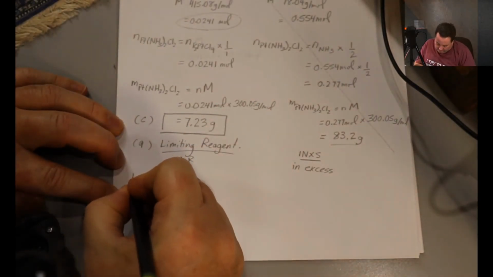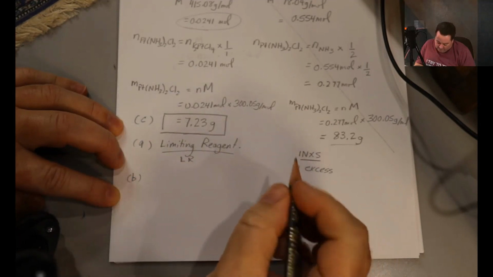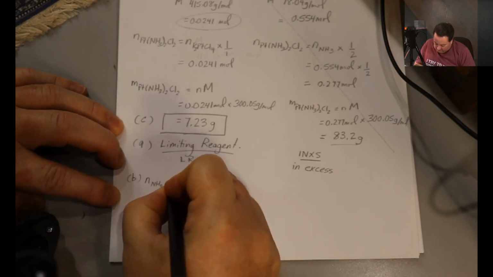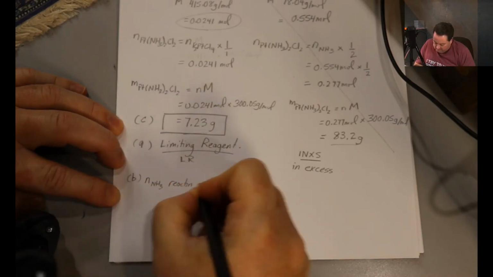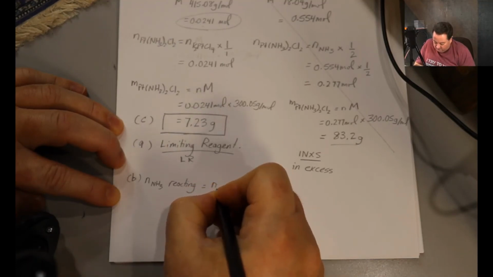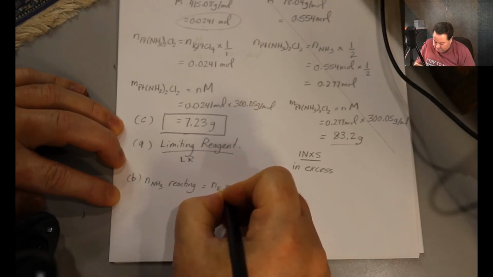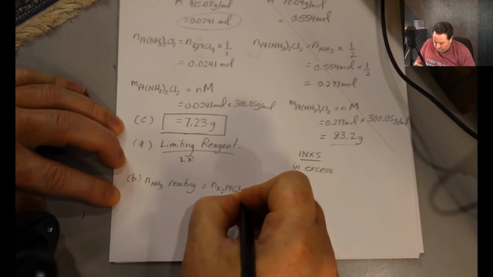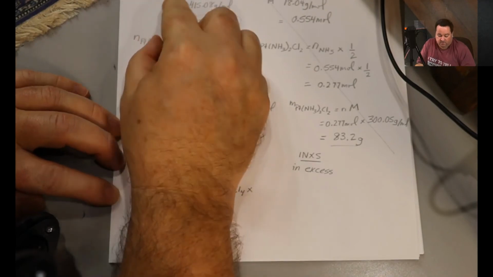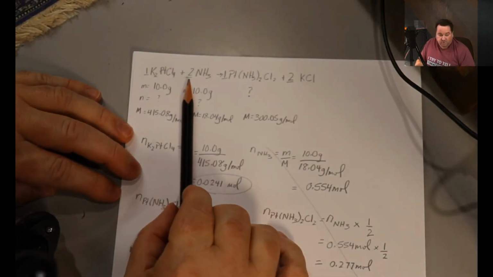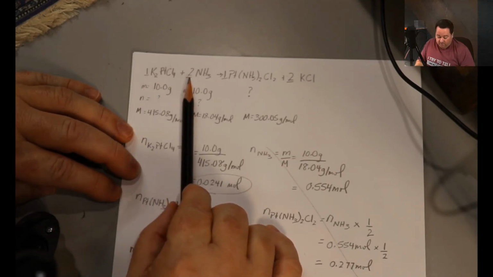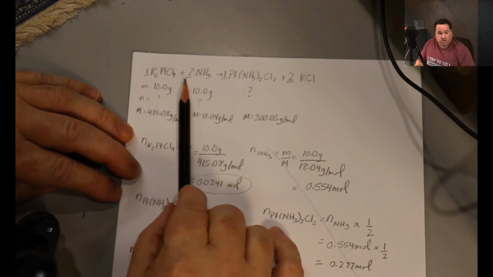So in order to get B here, we can say the number of moles of NH3 reacting is the number of moles of the limiting reagent K2PtCl4 times our mole ratio. I want to find out about ammonia, so ammonia has a coefficient of 2, and the K2PtCl4 has a coefficient of 1, so required over given, 2 over 1.